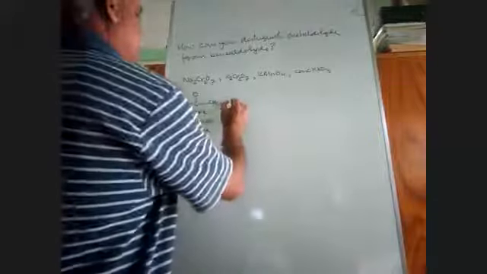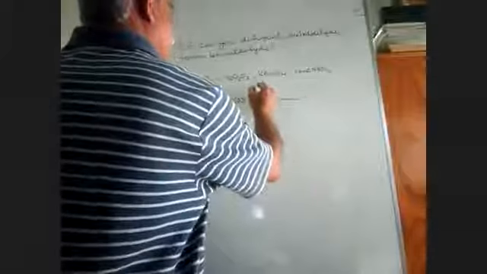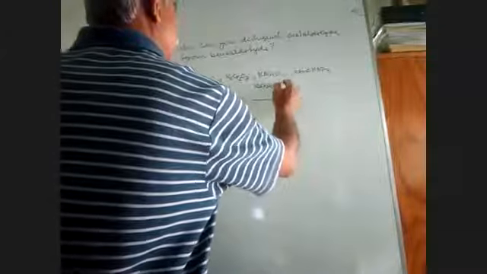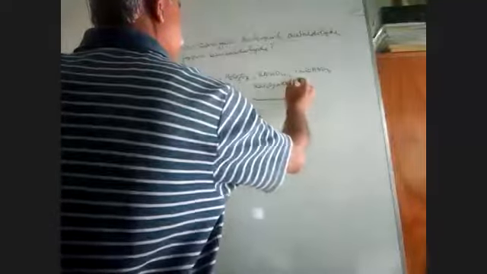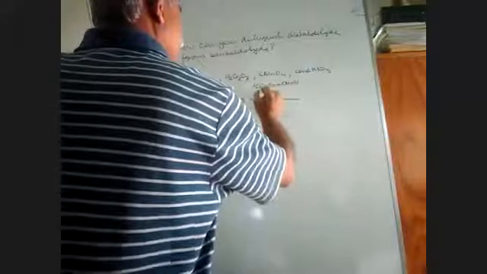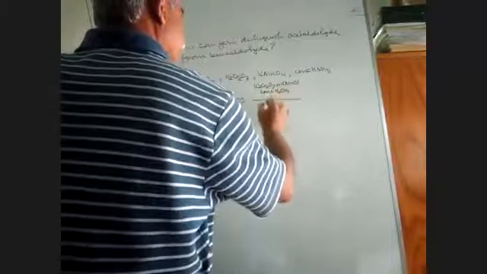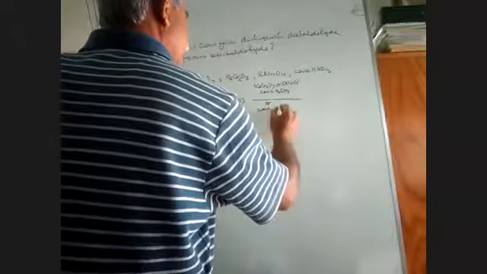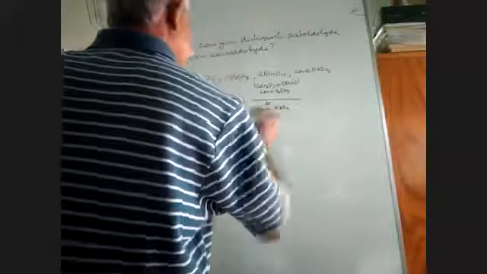And I'm oxidizing it. What is the condition? K2Cr2O7 or KMnO4 in concentrated H2SO4 or concentrated HNO3 under boiling condition. What is going to happen?